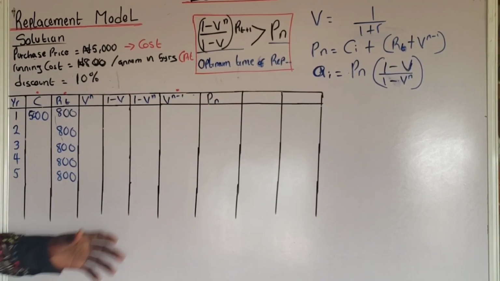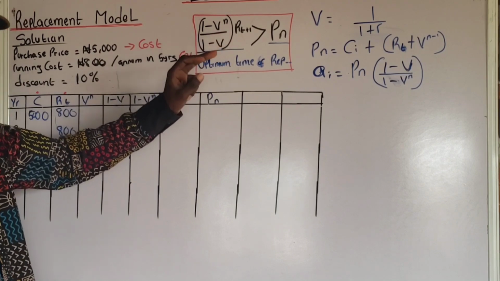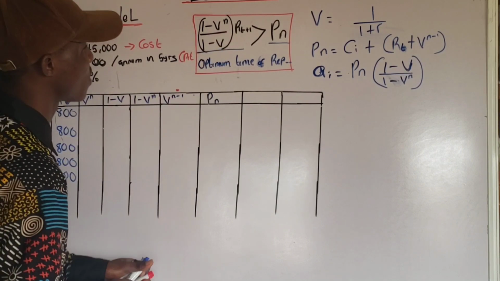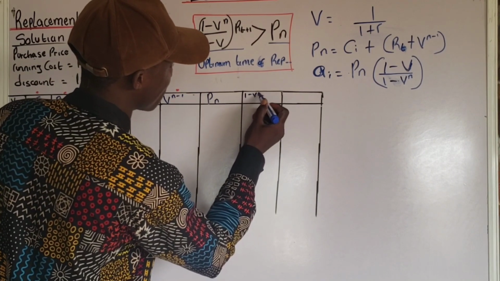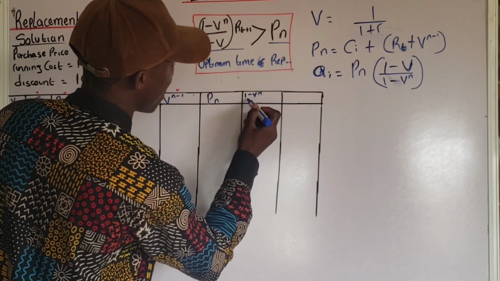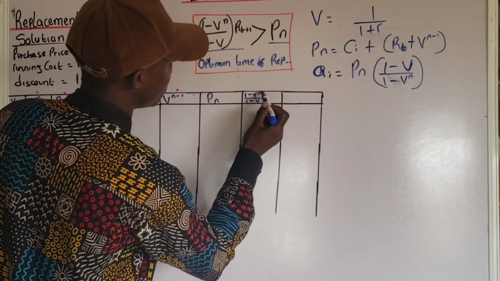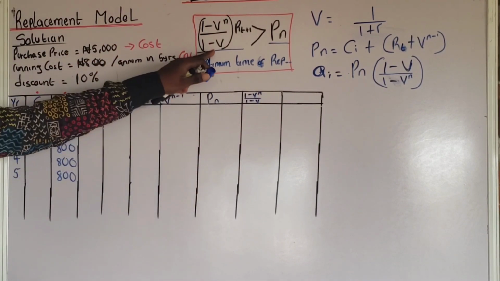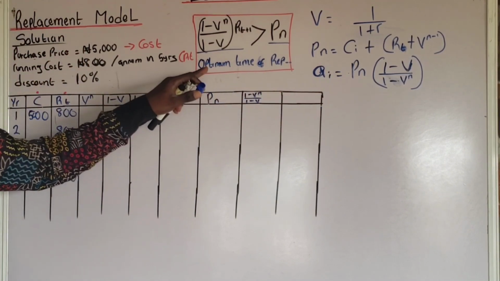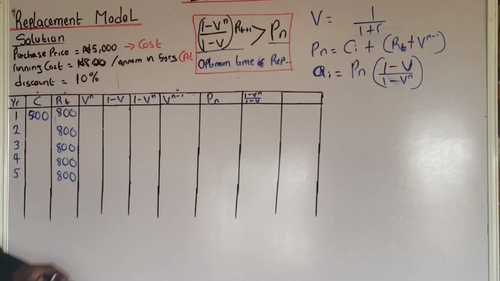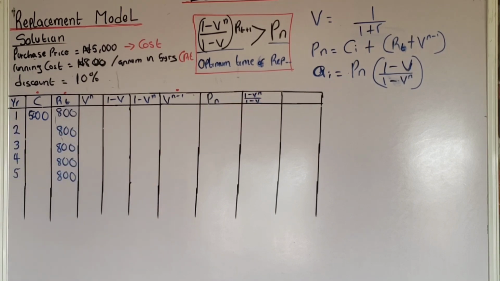Okay, we need 1 minus v raised to the power of n all over 1 minus v. You understand? So here I'm going to have 1 minus v raised to the power of n all over 1 minus v. So that will stand for the annuity; I've moved from here to here now. You understand?